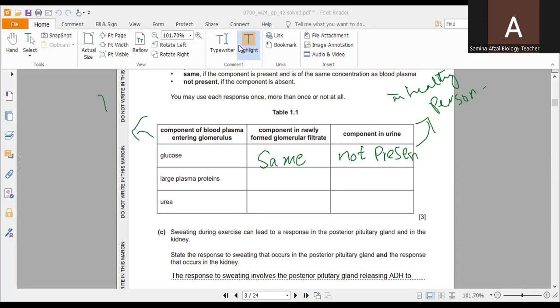Glucose is small and can pass easily, so it is present in the filtrate, but proteins are large and cannot pass through. So they are not present. If they are not present in the filtrate, they will not be present in the urine.